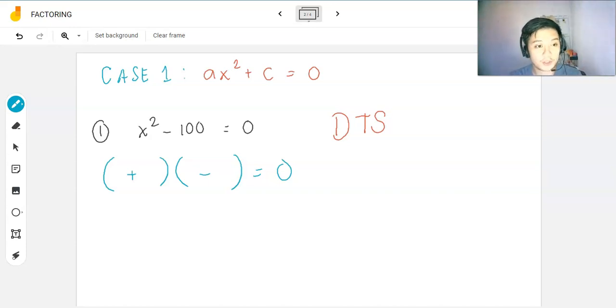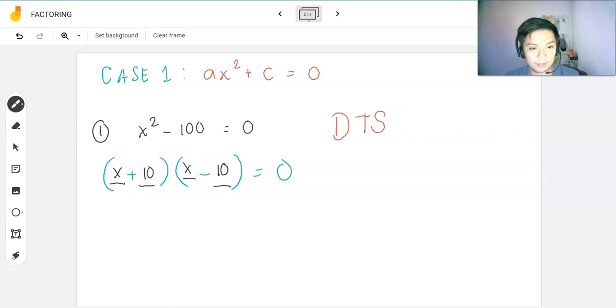So, the first term in each binomial factor are just equal, and they're actually the square root of the first term in the binomial. What is the square root of x squared? It's x. So, we put x as the first term in each binomial factor. Also, the second term or the last term in each binomial factor are equal, and they are the square root of 100. So, we put 10. So we have 10 here and 10 also in here.